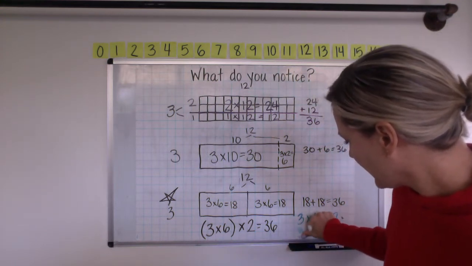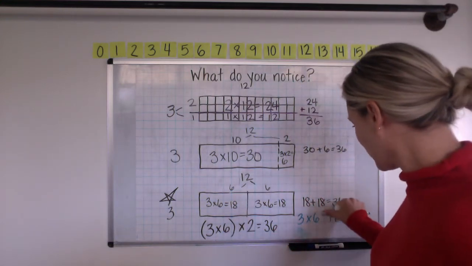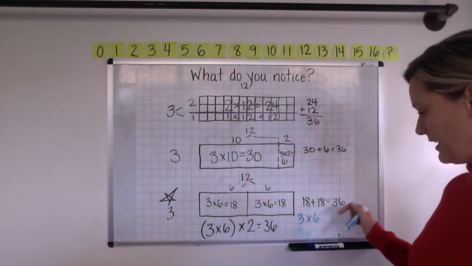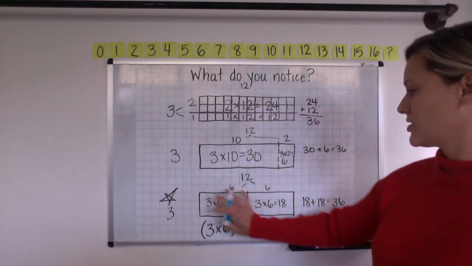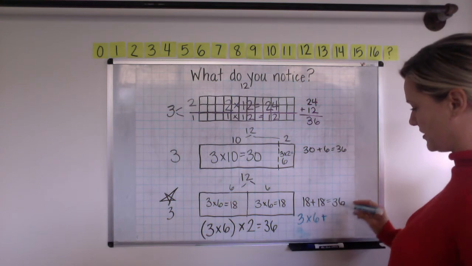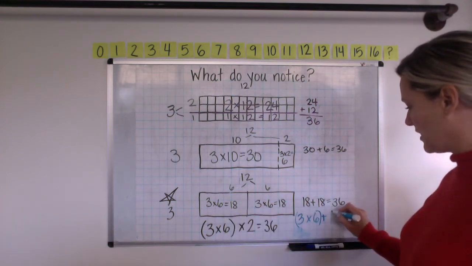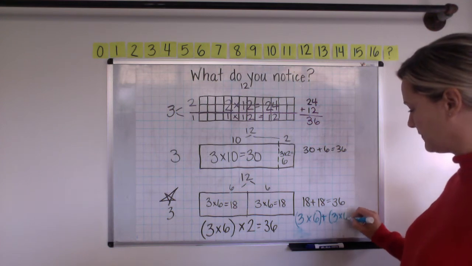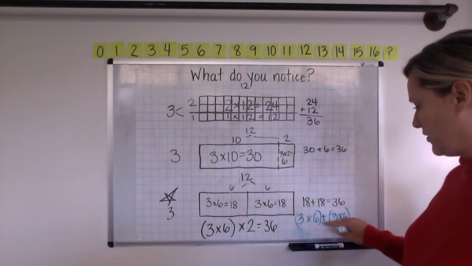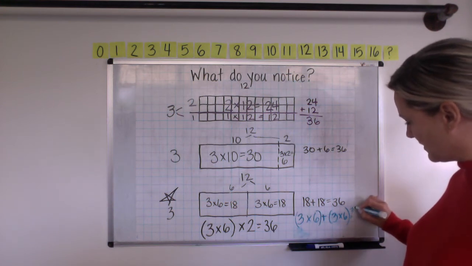So let's make it one equation. 3 times 6 plus, so you did that one, and then you did that one, and you added them together. So 3 times 6, that's the first group, plus another 3 times 6, that's the second group. You added them together, and it still makes 36.